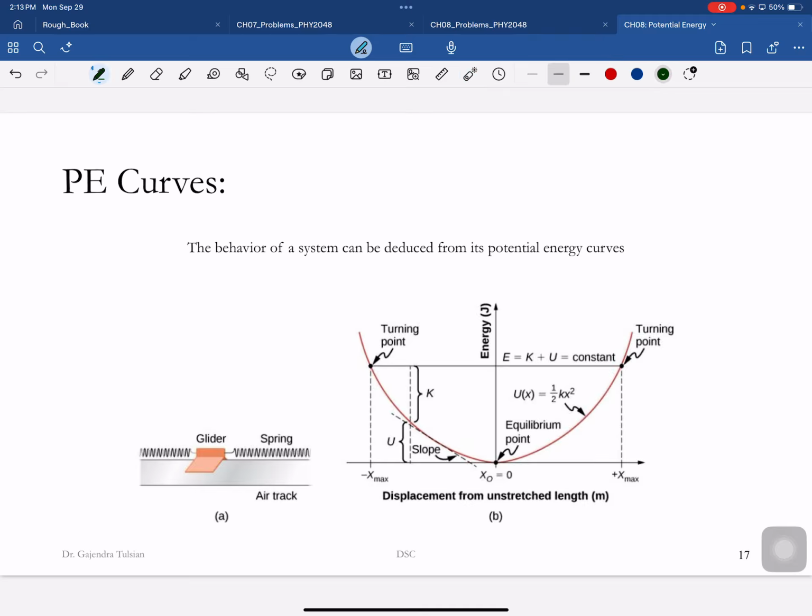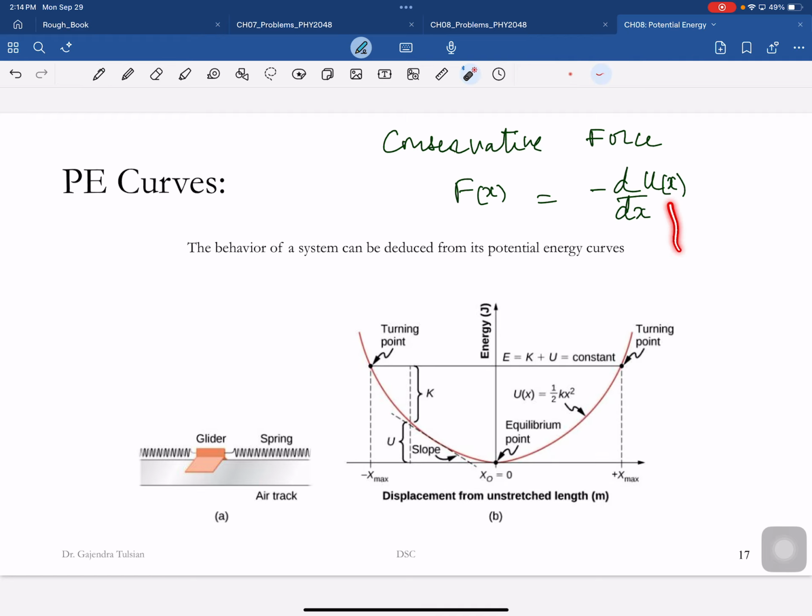So what we have learned so far is if you have conservative forces acting on a system, then the force on the system at any location can be calculated by taking the derivative of the potential energy function.